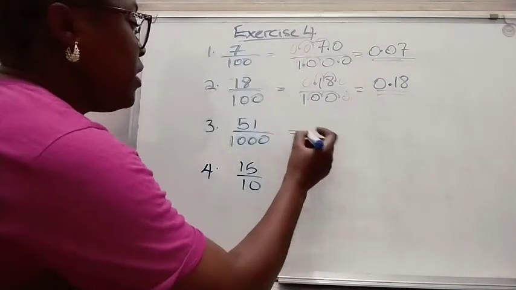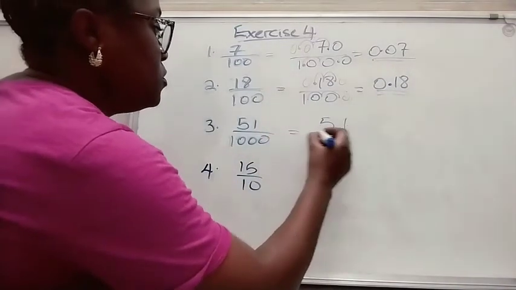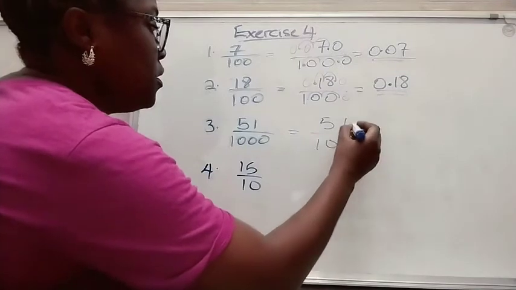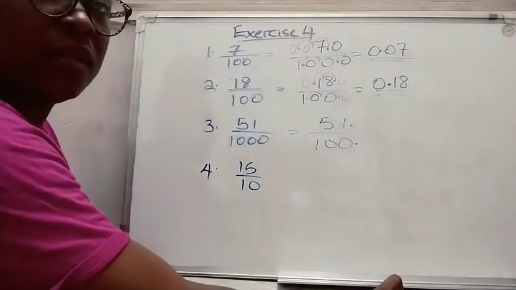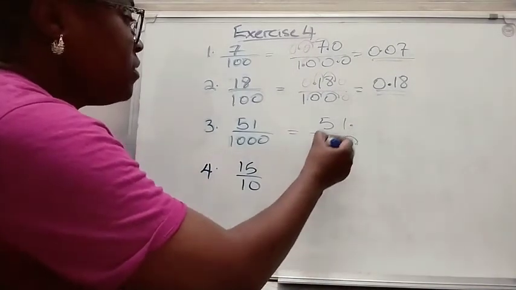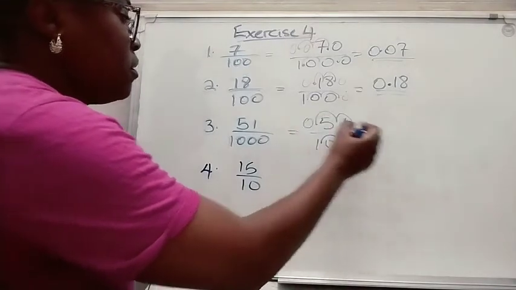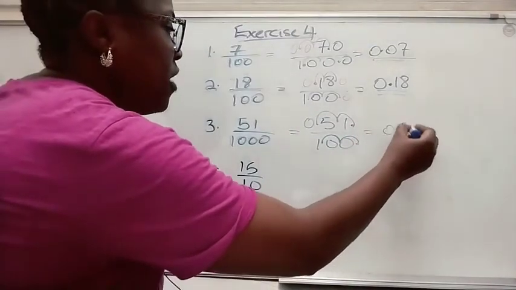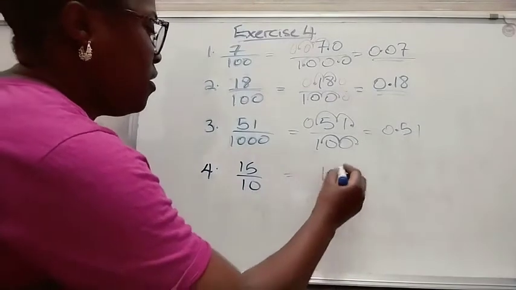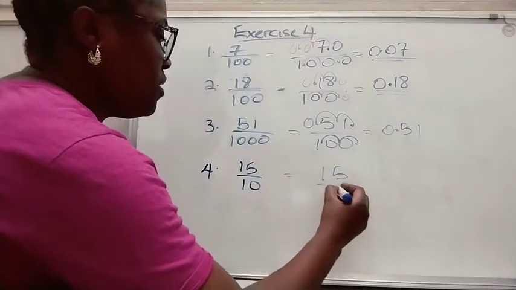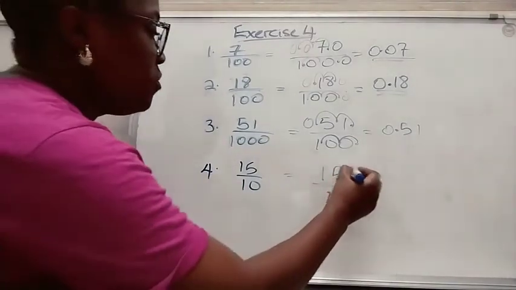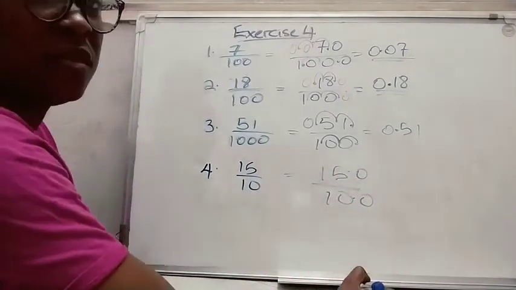The same vein, 51 over 100. The decimals are here naturally, so we'll move it twice. So we have 0.51. Same here, 15 over 10. The decimals are already naturally at this position.